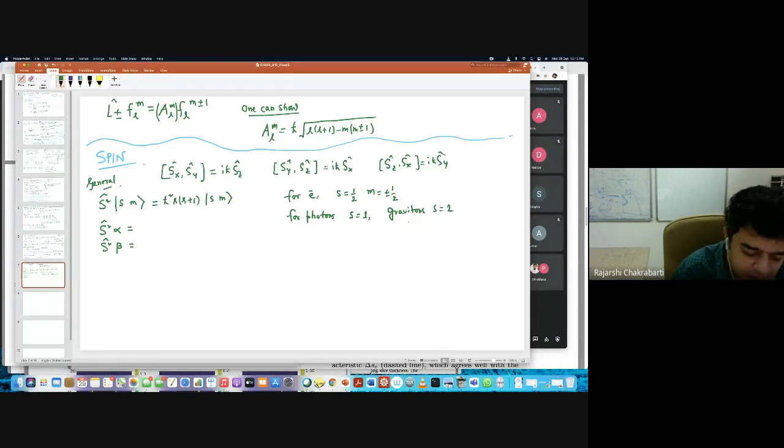So here again, you can clearly see that you can have more than two states, rather than just clockwise and anti-clockwise, for photons and other subatomic particles. So it is not physical spin, that is obvious. So this is another notation. S square operating on alpha and beta, I told you it is h square s into s plus 1 into alpha.